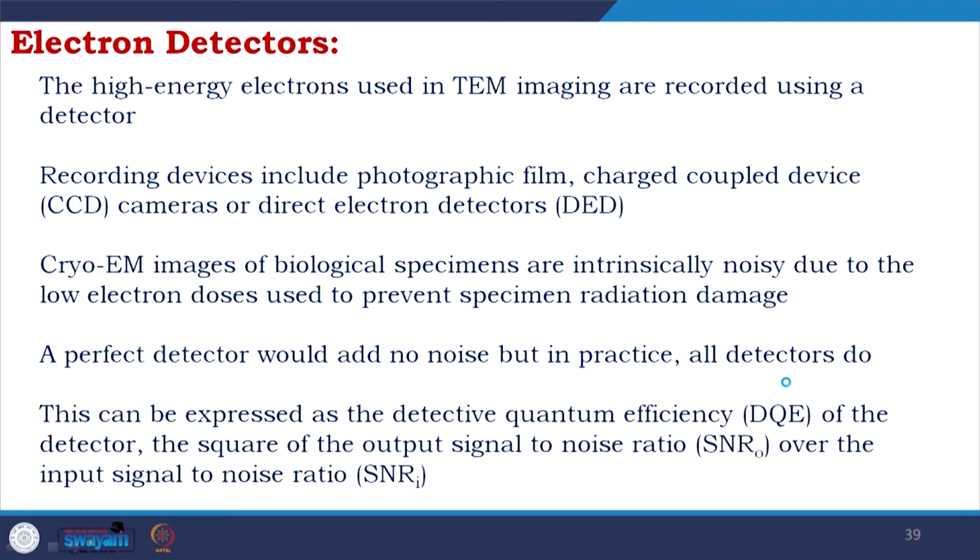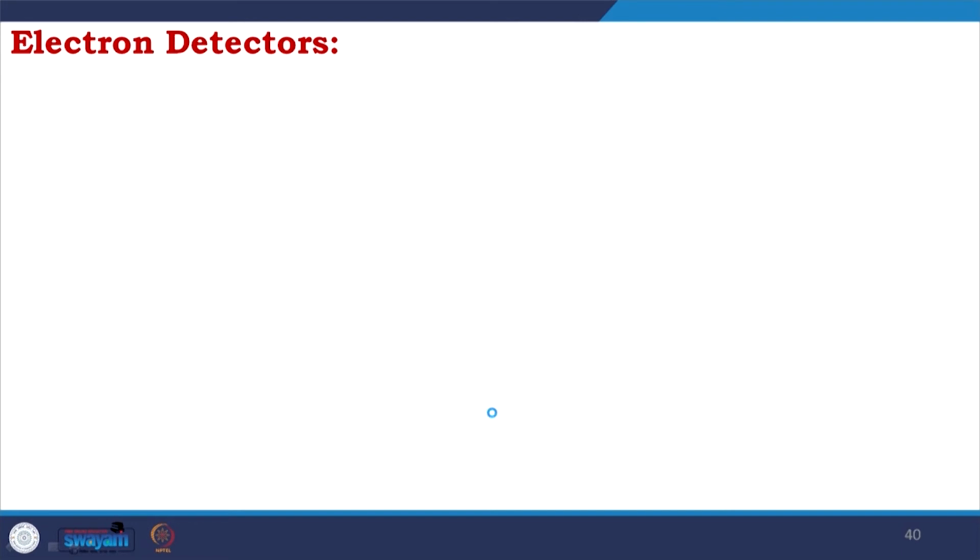The effect of noise can be expressed as the detective quantum efficiency, or DQE, of the detector: the square of the output signal to noise ratio, SNRO, over the input signal to noise ratio, SNRI. SNRO is the signal to noise ratio of the output signal, and SNRI is the input signal to noise.